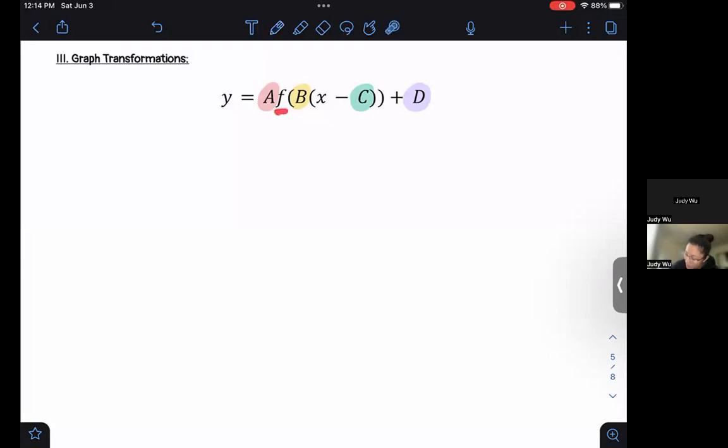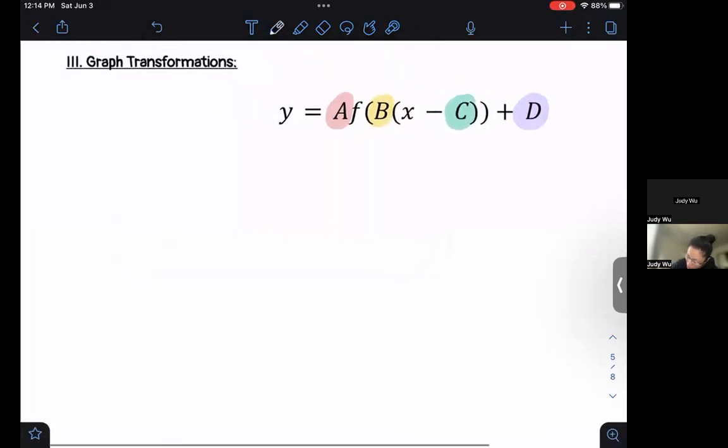But the F part is here, f(x), because we can actually do this for any kind of function, so we keep it general. So let's talk about what each one of these letters does, okay? That's why we have a bunch of space down here.